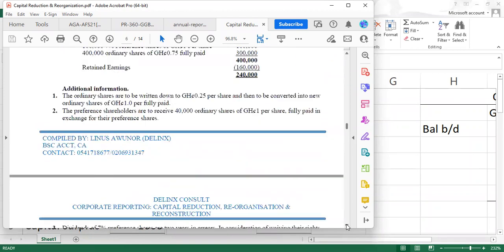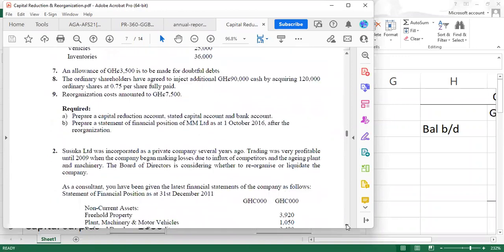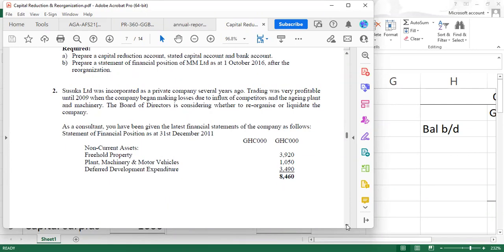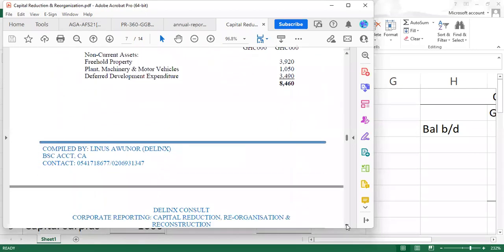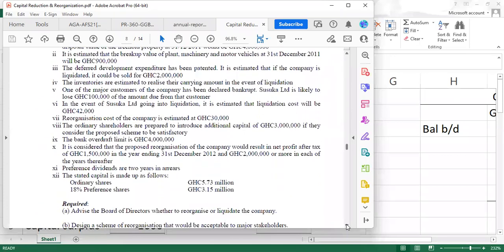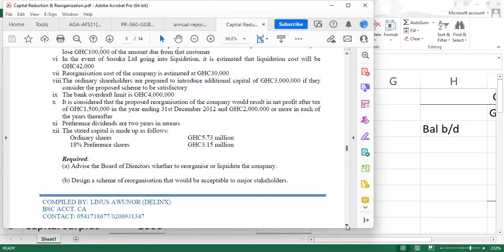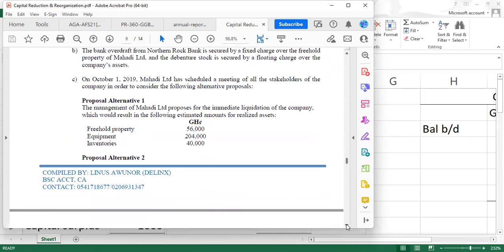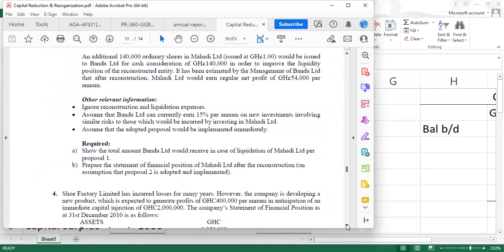All right. So tomorrow we look at where the company is indifferent whether to close down or to carry out the reorganization exercise, which is the issue about liquidation, whether they want to liquidate or restructure.